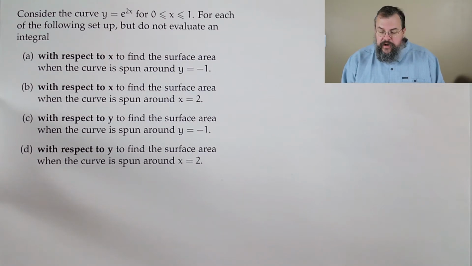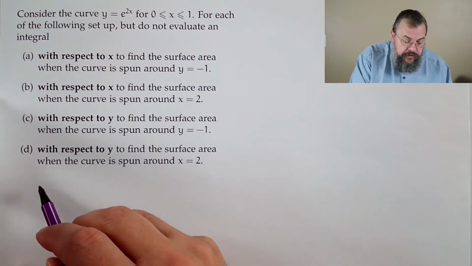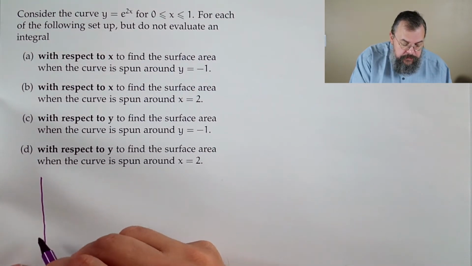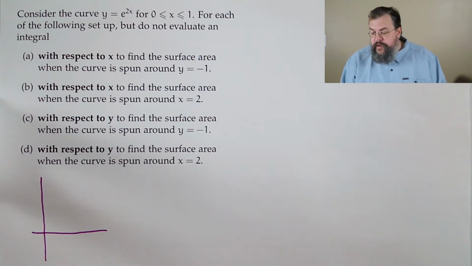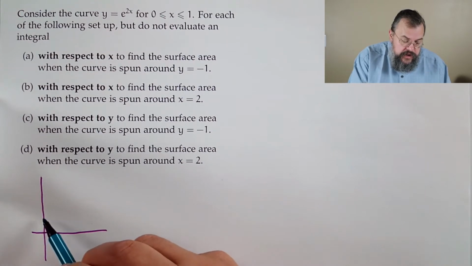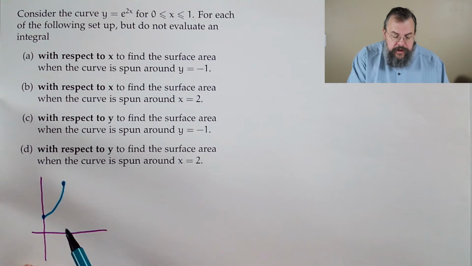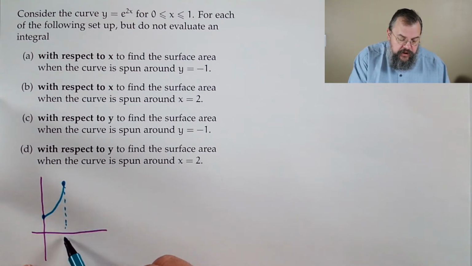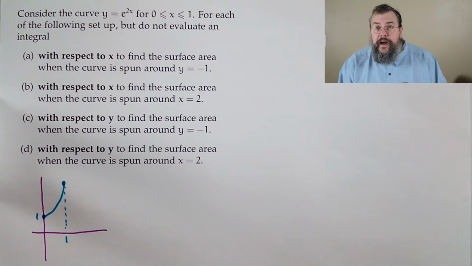So let's do a quick, rough sketch of what we have. So we have our axes here, and we have our curve y equals e to the 2x from 0 to 1. Well, let's just say it looks something like that. It's probably not quite that, but it's close enough. So there's 1, and this is at y equals 1 there. Now we should draw our two lines.